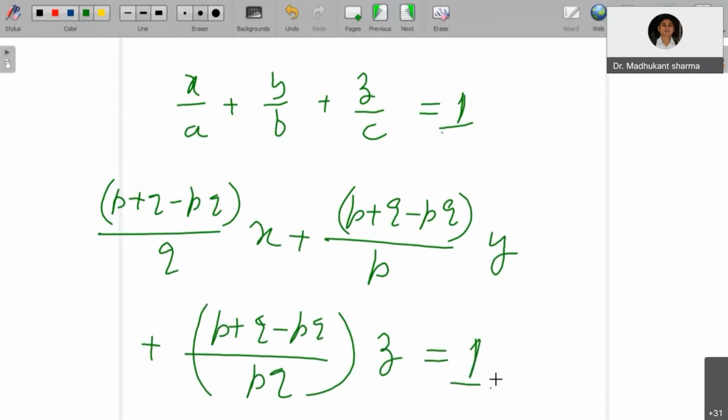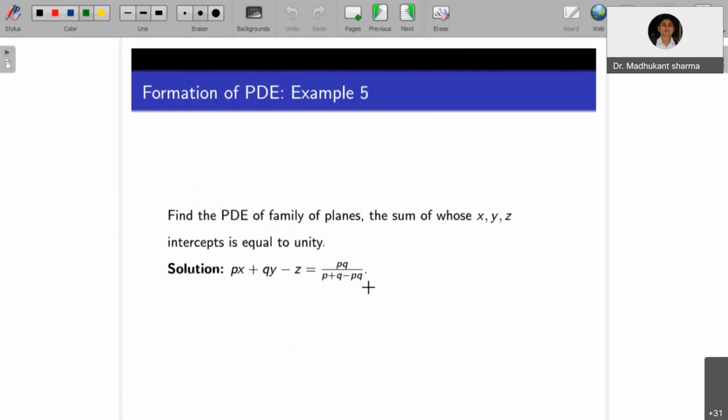Now you can further simplify it, multiply both sides by pq. Take LCM pq and simplify it more. So what will be the final expression will be the following, at the end.